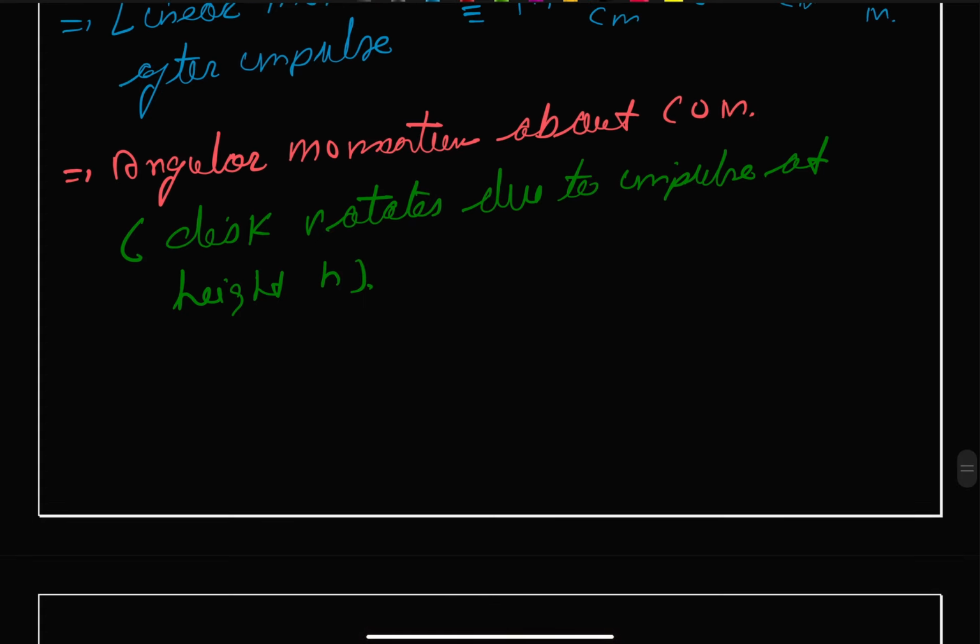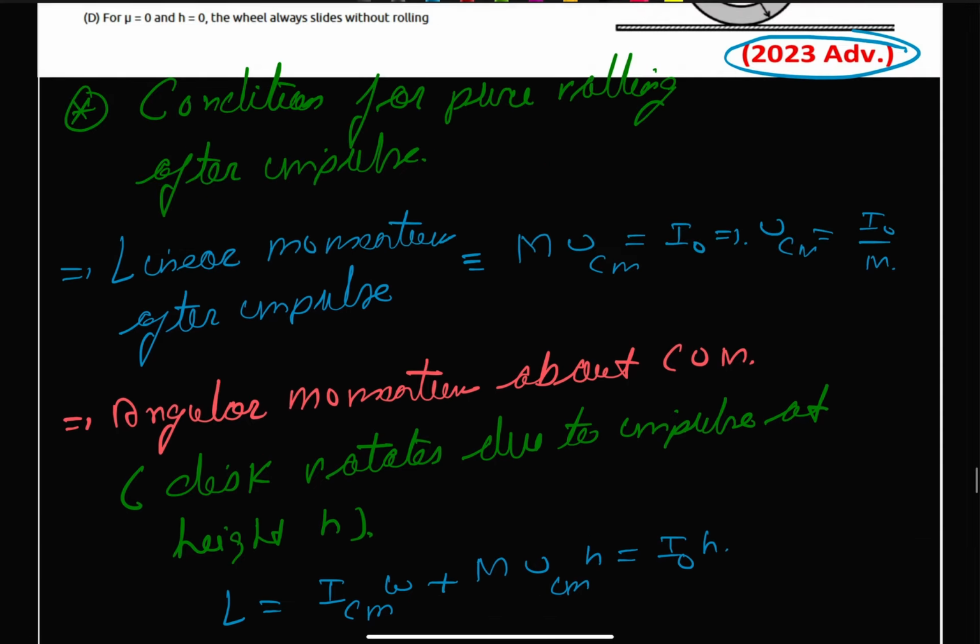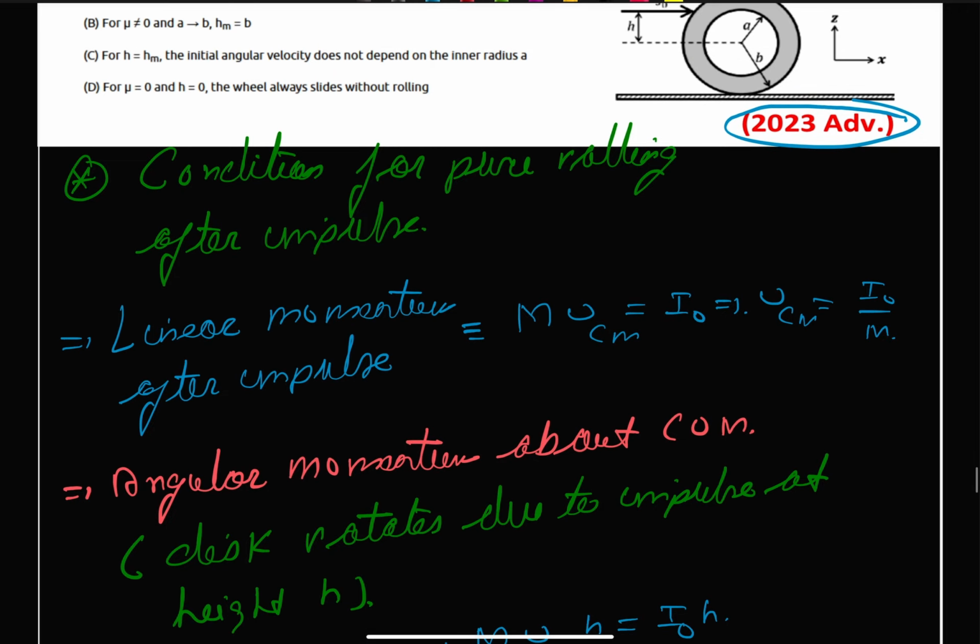So we can say our angular momentum, that is our L, will be equal to ICM omega plus m VCM multiplied by h, and this will be equal to J naught times h. Okay, and one second, this is our J naught, not I naught.